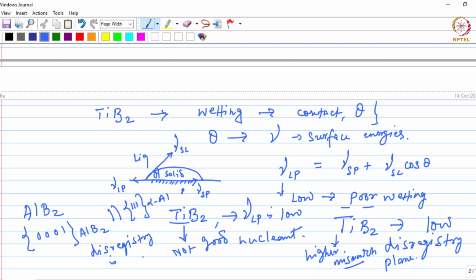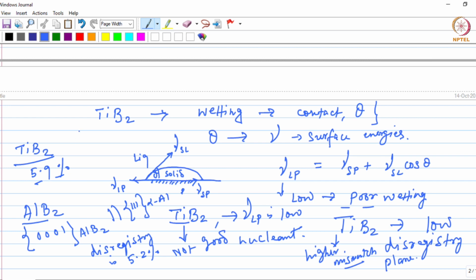This is around 5.2% for aluminium boride particles, but for TiB2, if you see the disregistry, then it is more than aluminium boride, standing at 5.9%.